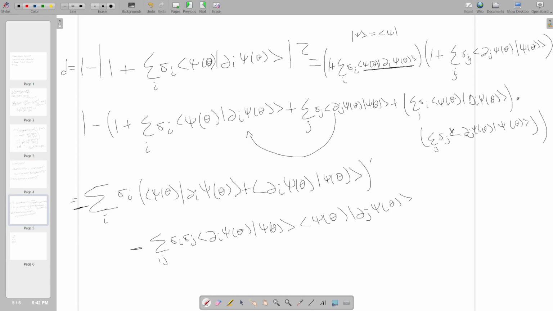Because when we take the derivative with respect to one of them, this becomes just the term, and then we take it again with respect to the other delta, but there's no deltas in there, right?